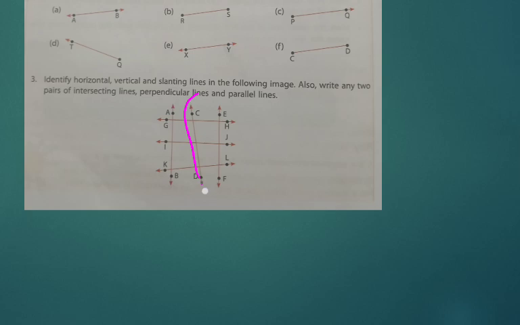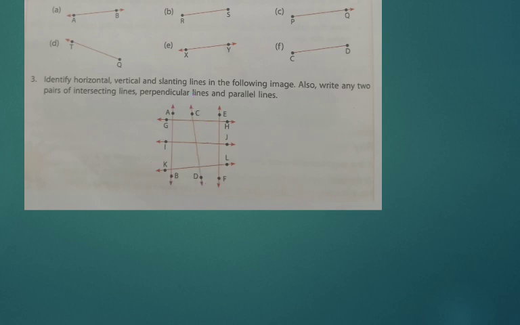CD intersecting KL. You see, KL is intersected by CD. So CD intersects both IJ and KL. Therefore, intersecting means it should be like this, right? There are two pairs of intersecting lines, right?